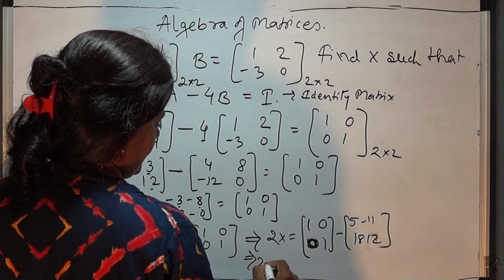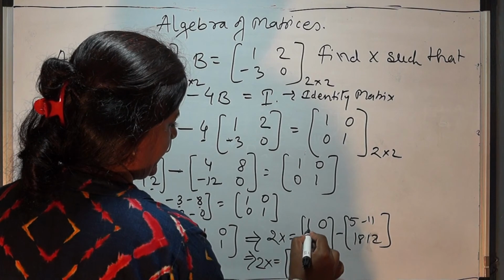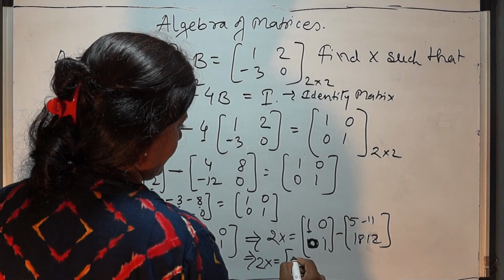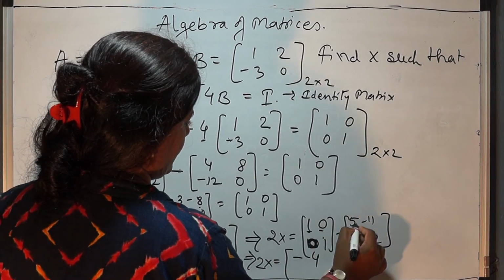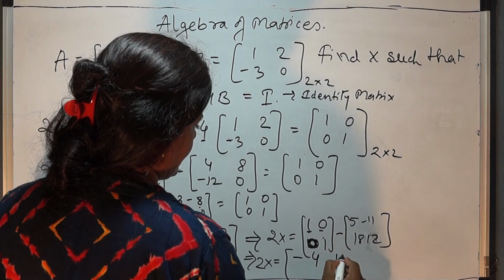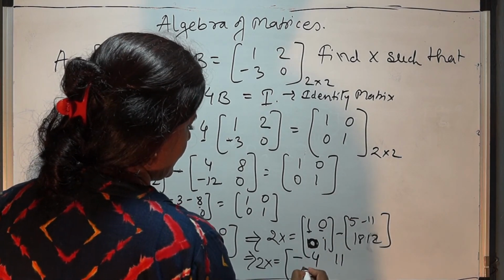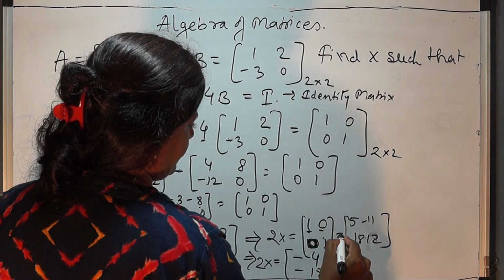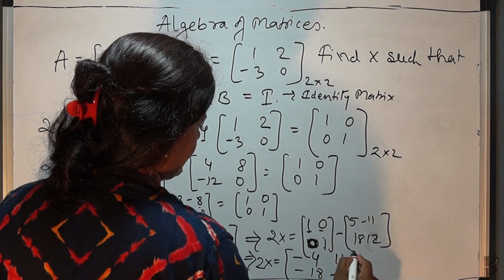This implies 2x is equal to 1 minus 5 is minus 4, 0 minus minus 11 is 11, 0 minus 18 is minus 18, 1 minus 12 is minus 11.